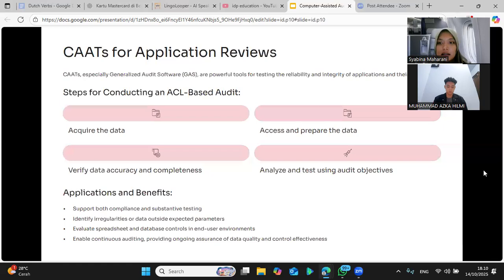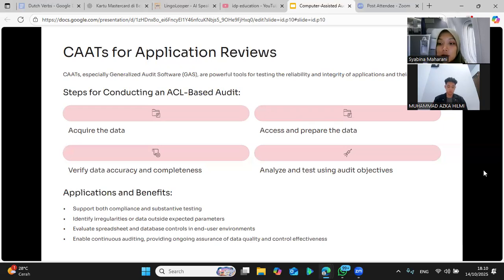So next is CAATs for application reviews. Finally, let's talk about how CAATs are applied in application reviews. CAATs, especially tools like ACL, help auditors test both the reliability and integrity of data and systems. The general steps include acquiring and preparing the data, verifying its accuracy and completeness, and then analyzing it according to audit objectives.